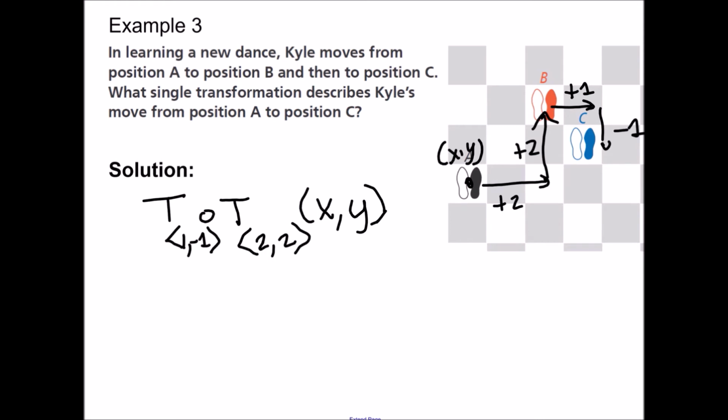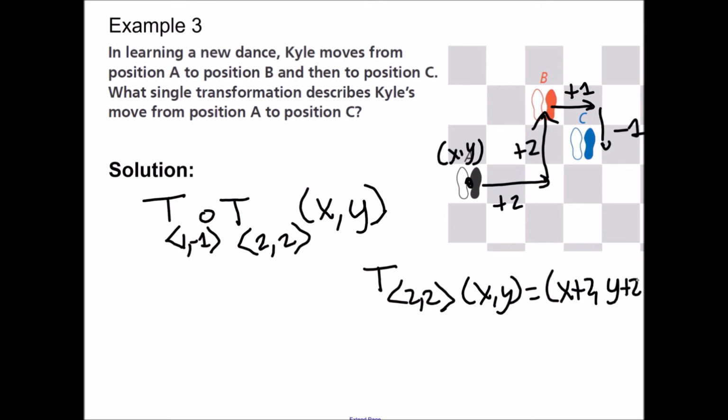And so if we put these together, well, since this is 2 and 2, and this is 1 and -1, let's go ahead and write down the 2, 2. Since this is 2, 2 for the first one, that just means x + 2 and y + 2, right? That's really what that means.